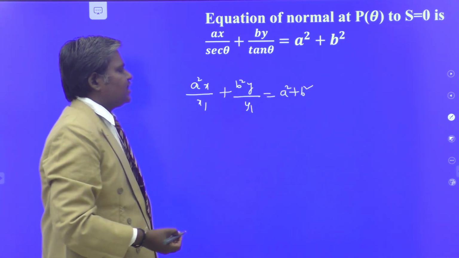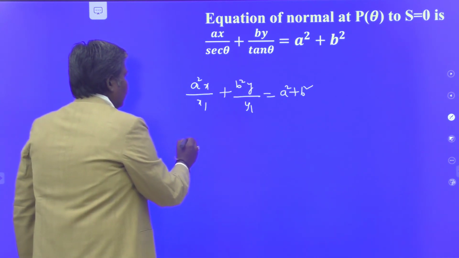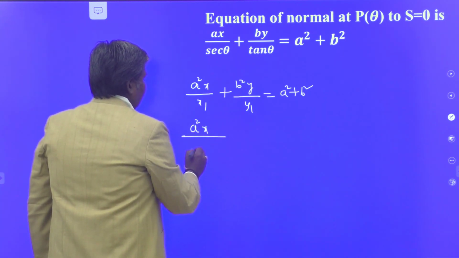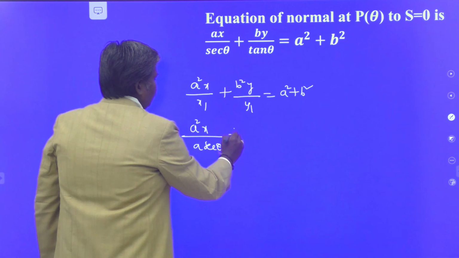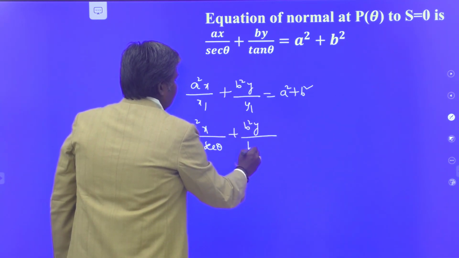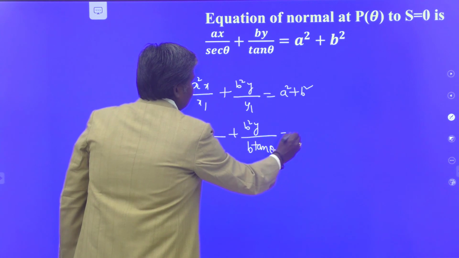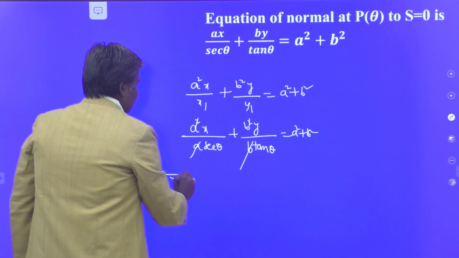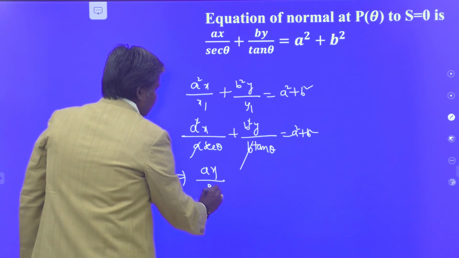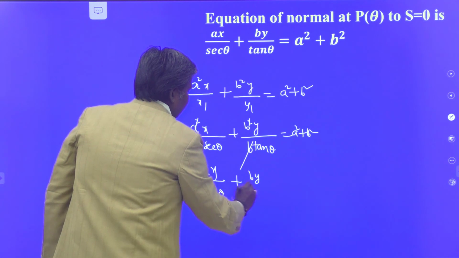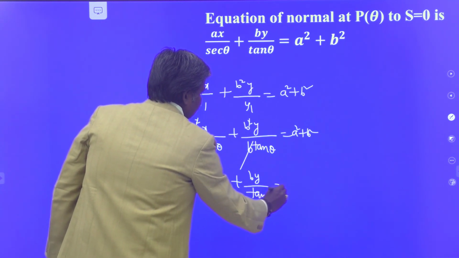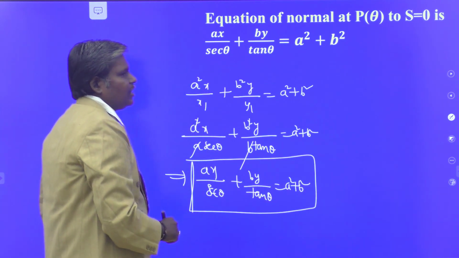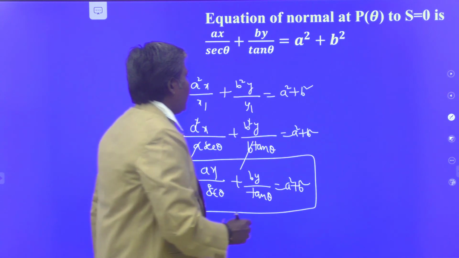Replace x1 by a secant theta, y1 by b tan theta, we get the equation of normal at the parametric point P of theta. a square x by a secant theta plus b square y by b tan theta is equal to a square plus b square. b gets cancelled, a gets cancelled. Implies you have ax by secant theta plus by by tan theta is equal to a square plus b square. This is the equation of normal at P of theta to your hyperbola.